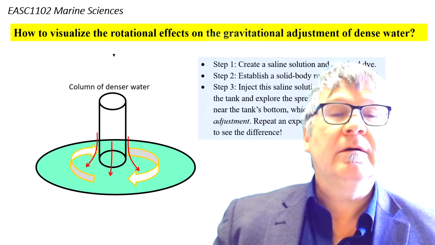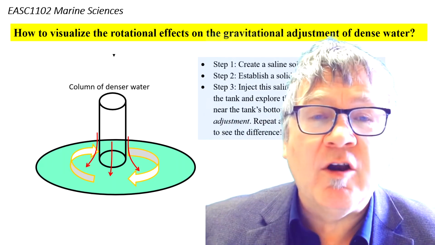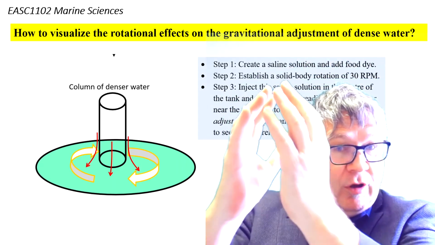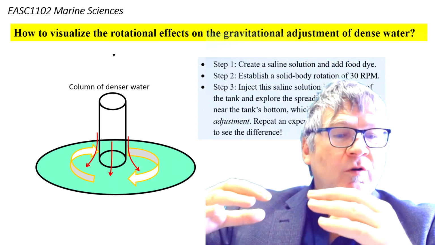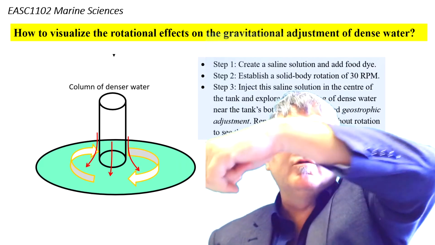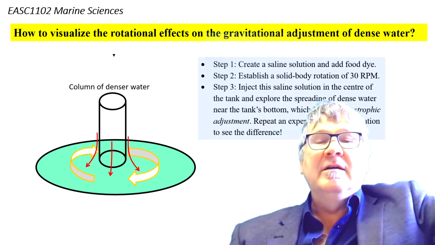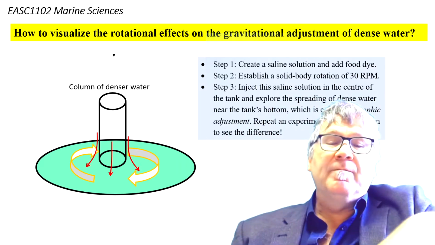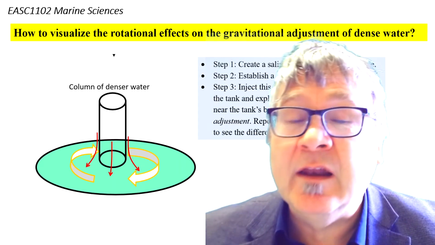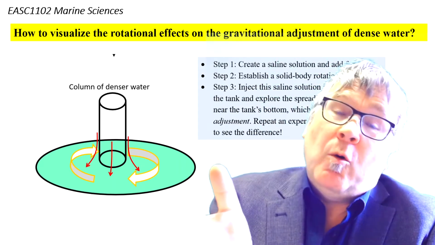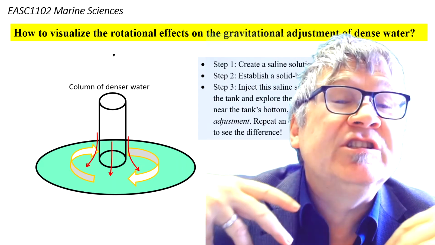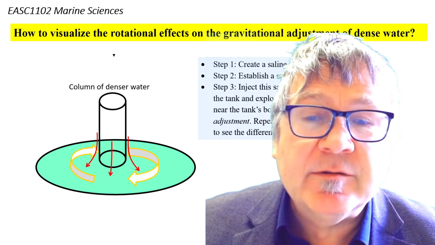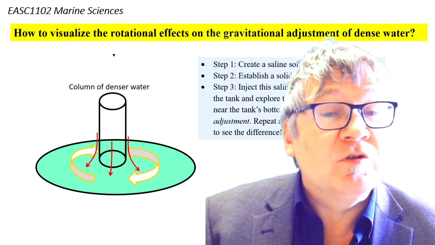However, in a rotating environment, this initial horizontal spreading of the dense water will turn into a horizontal eddy near the seafloor, as illustrated here on the left. Wow! And this is called geostrophic adjustment. It actually produces an eddy.